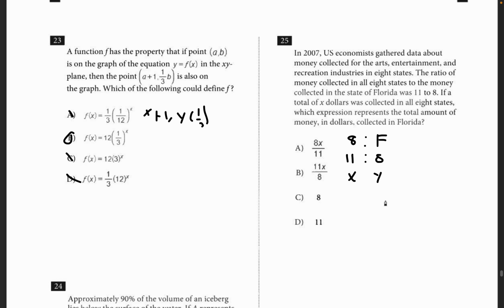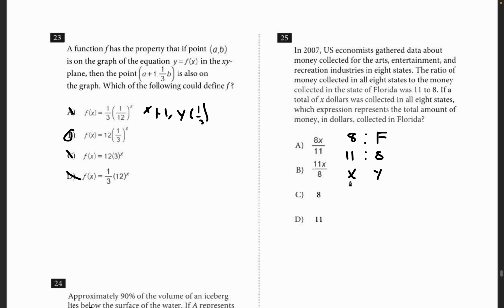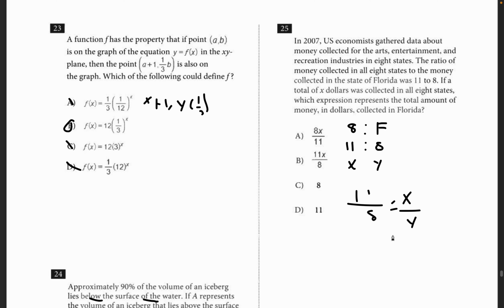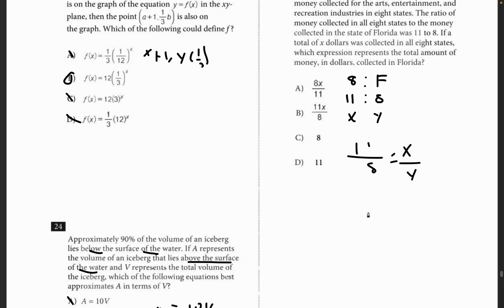Let's just call it Y. So that means that 11 over 8 is equal to X over Y. We're solving for this part, okay? So that means that 11y equals 8x. Divide by 11. So 8x over 11.